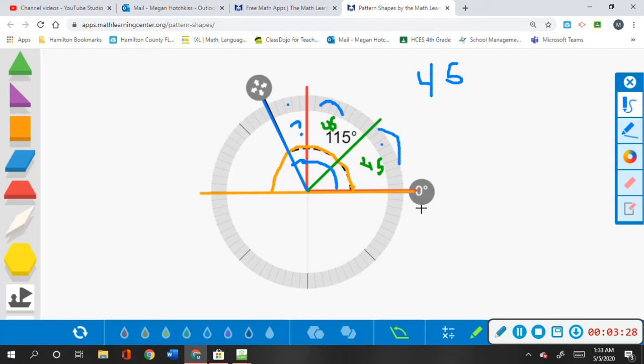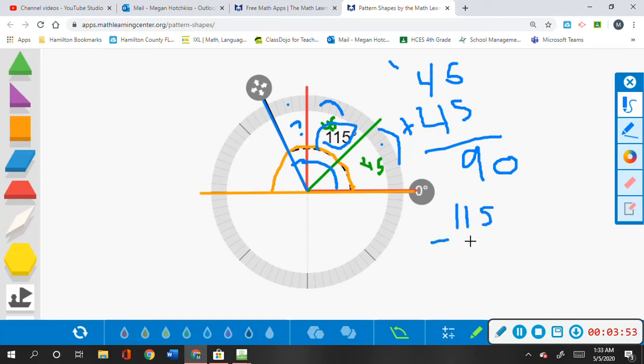So what we can do is take 45 plus 45. 5 plus 5 is 10, 4 plus 4 is 8, plus 1 is 9, and it's going to be 90 degrees. My whole angle is 115 degrees, and so I can subtract 90.